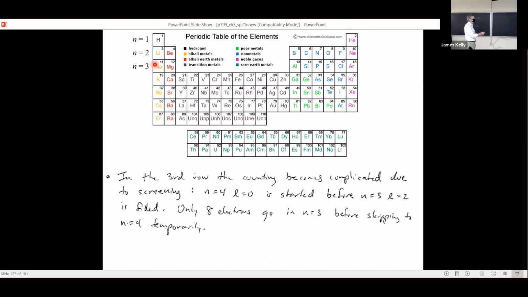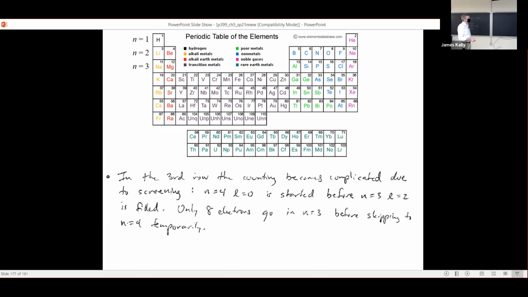In other words, I don't quite get to fill up this row until I've started into the n equals 4 row, and that's because of screening effects where the inner electrons partially shield the nuclear charge. In our model, we don't know anything about that, because electrons affecting other electrons is what screening is all about.